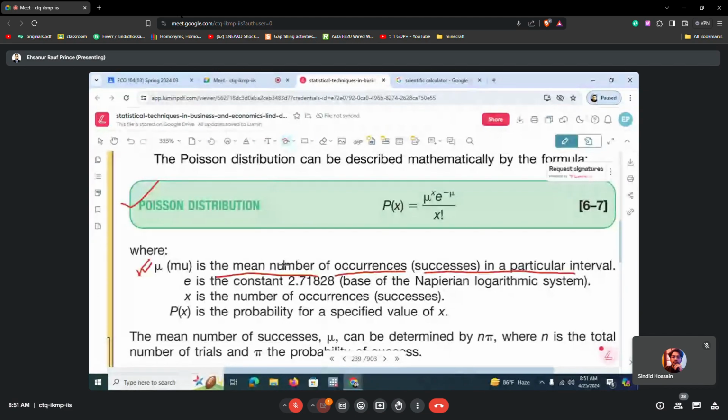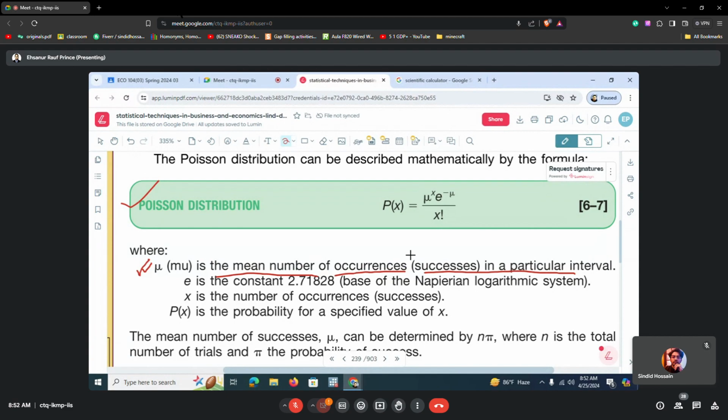Mu is the mean number of occurrences in a particular interval. Have you written the explanation of mu? Yes, sir. Is it done?